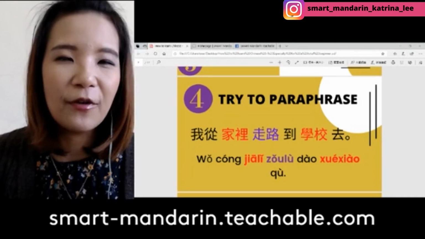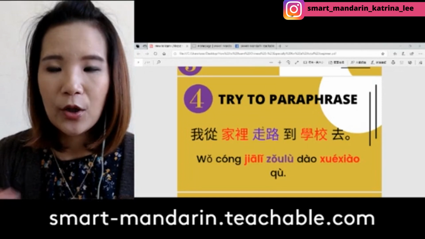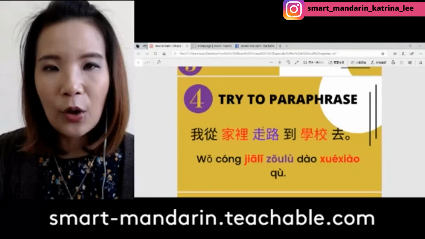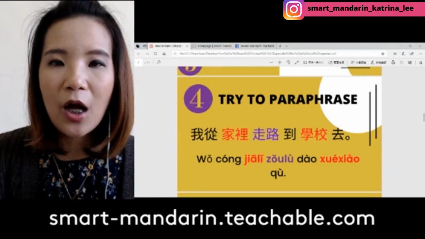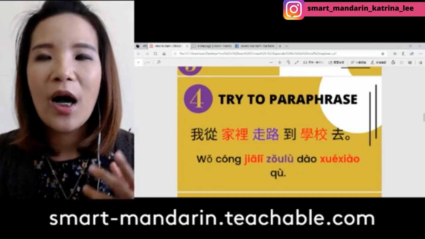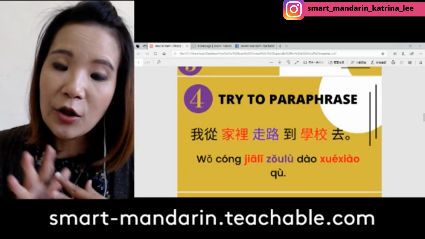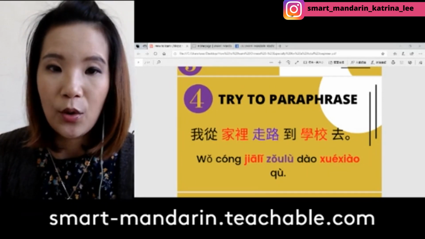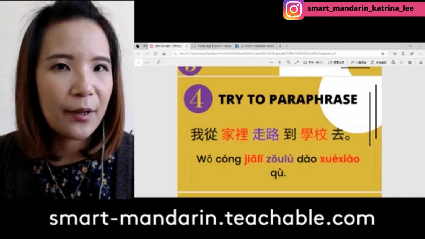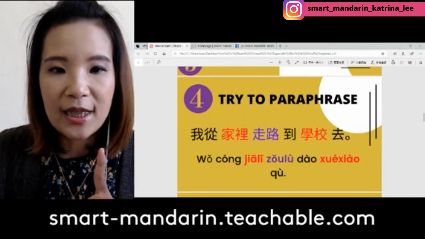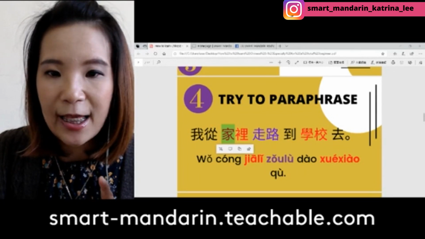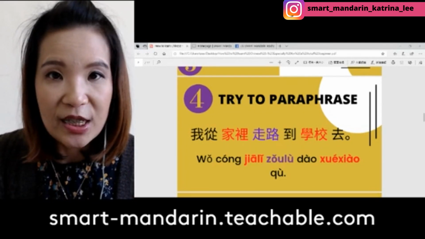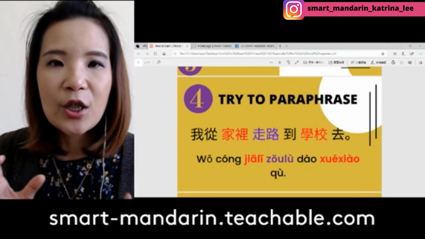You see, the next step is you need to train yourself, like I train my course students, to paraphrase. What do I mean by that? When you learn the longer structure, you don't just learn one sentence or one structure. You need to know how to leverage the structure with different vocabulary and words. For example, the red ones, 家里 and 学校, are place words, right? So you can switch.